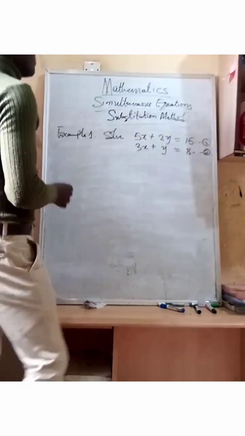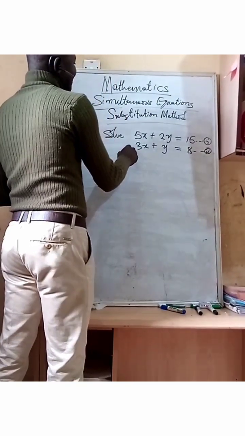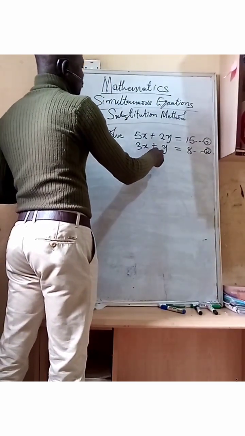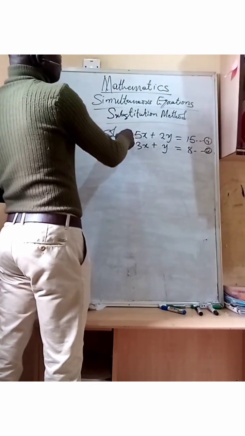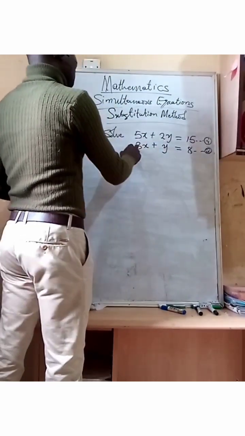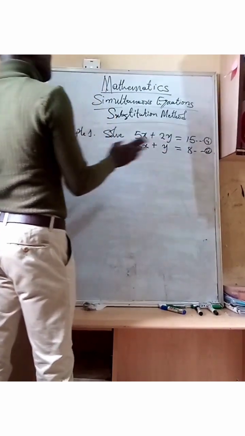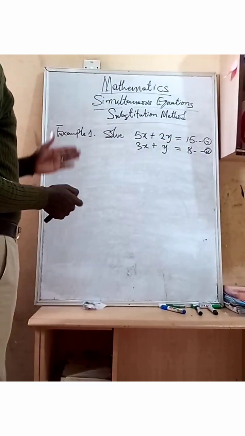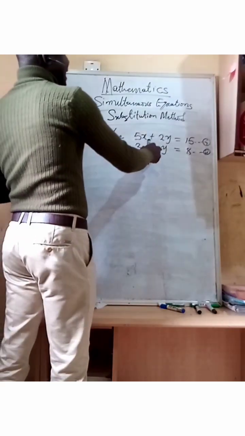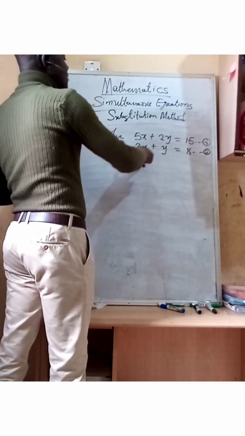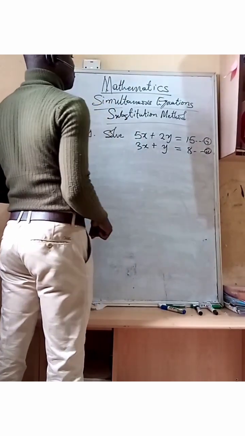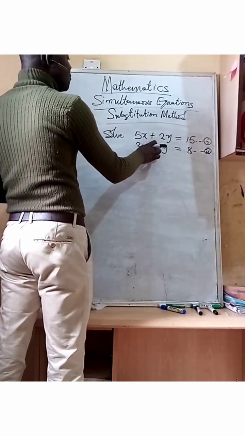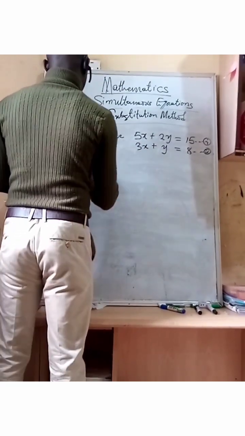But in this case, if we attempt to multiply this by 2, we'll have to bring this down and multiply this by 2, so it doesn't make sense. Instead, we simply apply substitution method because one of the variables has a coefficient of 1. And the good thing is that the coefficient is even positive 1.